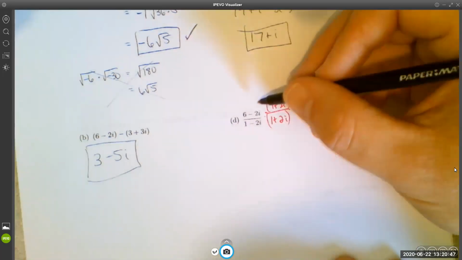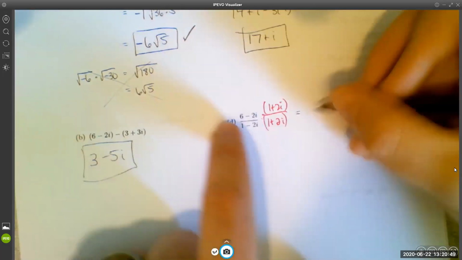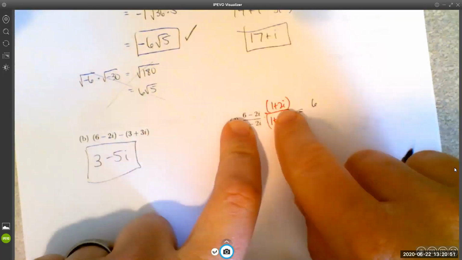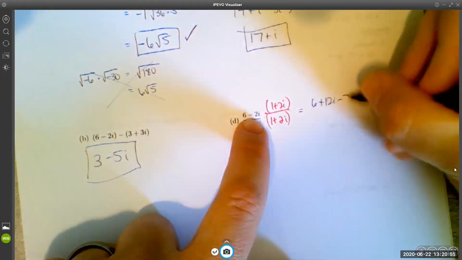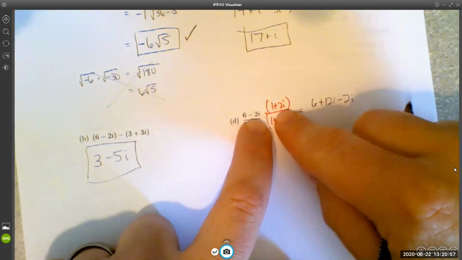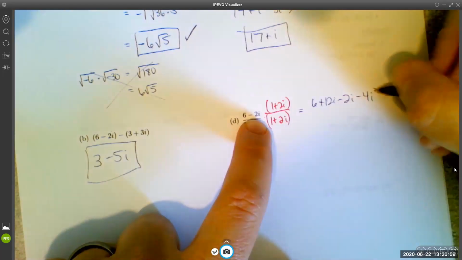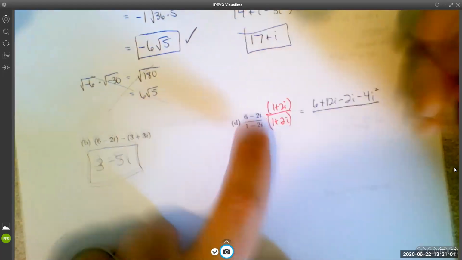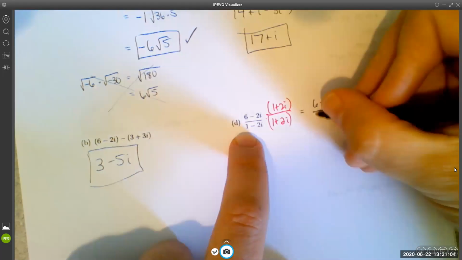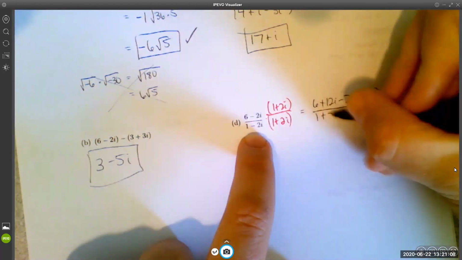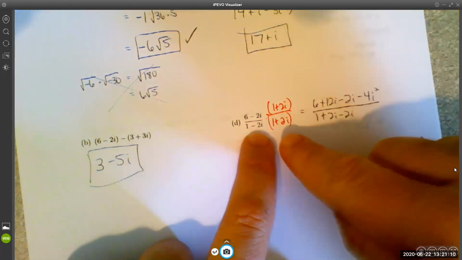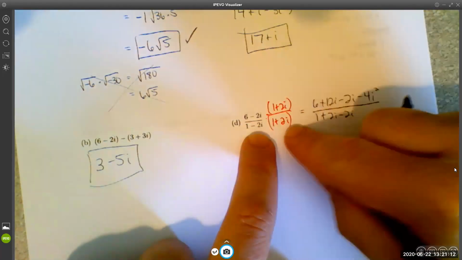So the numerator, if we FOIL this, we're going to get 6 plus 12i minus 2i minus 4i squared. In the denominator, we're going to have 1 plus 2i minus 2i. So those are going to cancel. Minus 2i, or sorry, minus 4i squared.